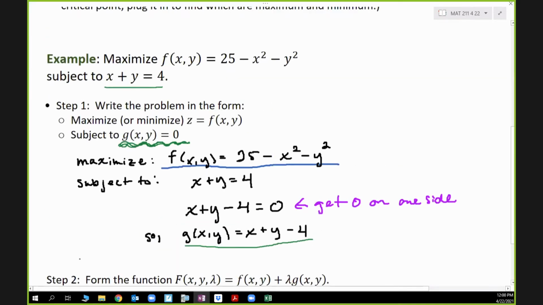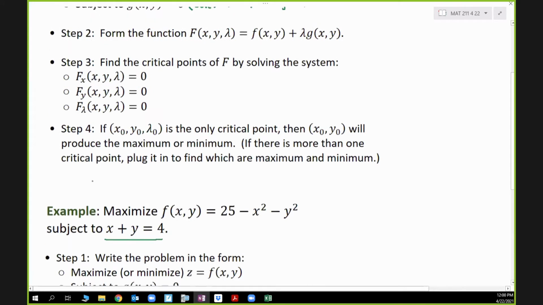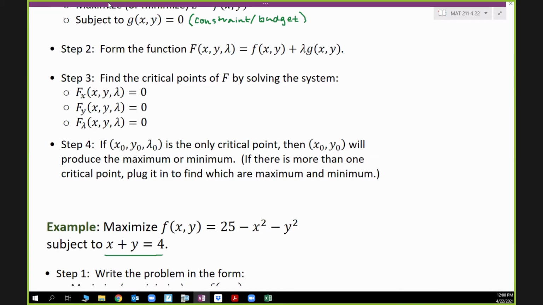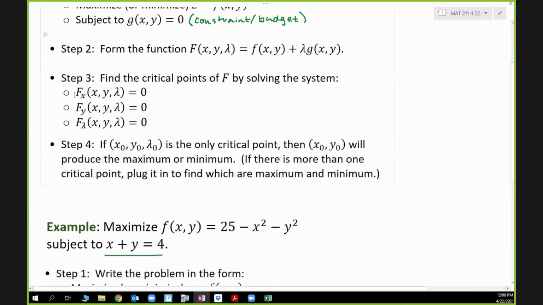But to do that, we will find the critical point of capital F in the same way that we found critical points on Tuesday in section 7.3. We just have one more variable here.